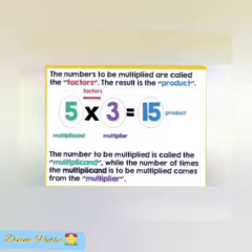The numbers to be multiplied are called the factors and the result is called the product. The number to be multiplied is called the multiplicand, while the number of times the multiplicand is to be multiplied comes from the multiplier.